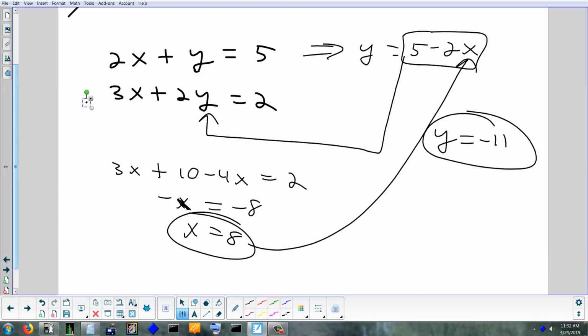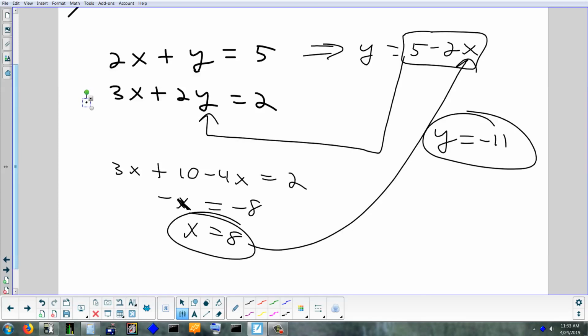I'm going to do it on the calculator and graph them. Where would they cross? Yeah. They would cross at 8 and negative 11. So we basically just found where those two lines would intersect.